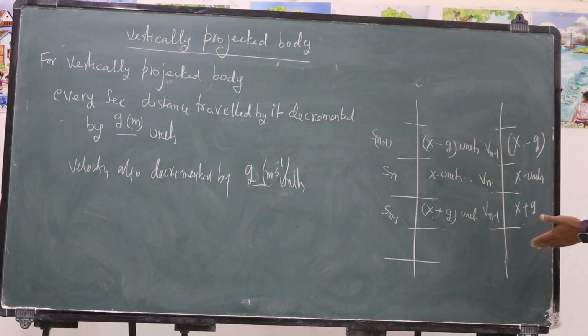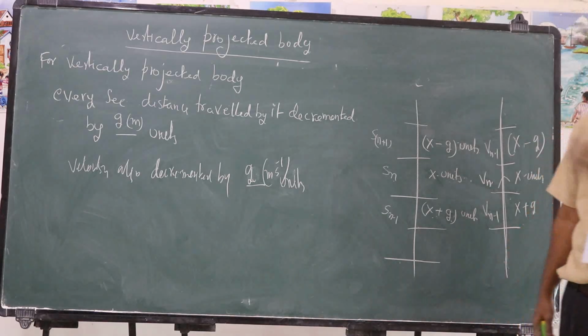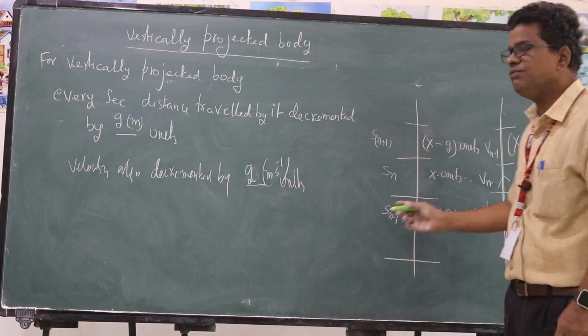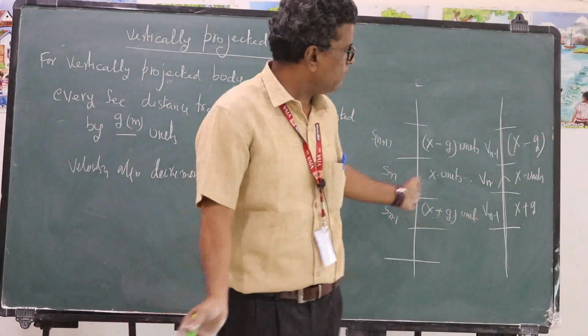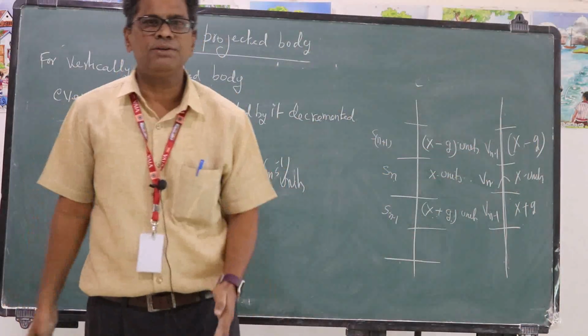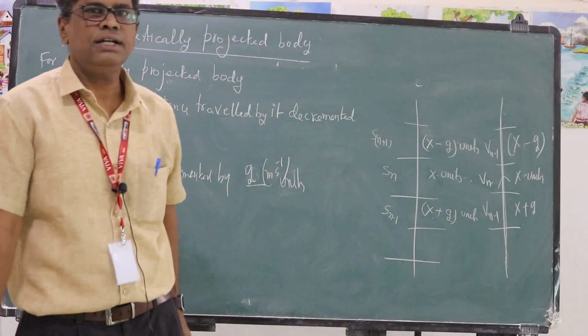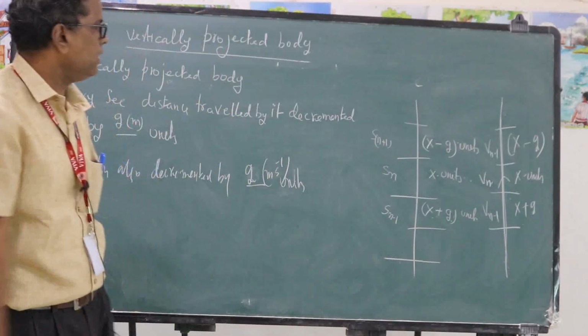So velocity, since it is rising up against gravity, is also decremented by g units. Proof of these two is similar to freely falling body. That is left to you.